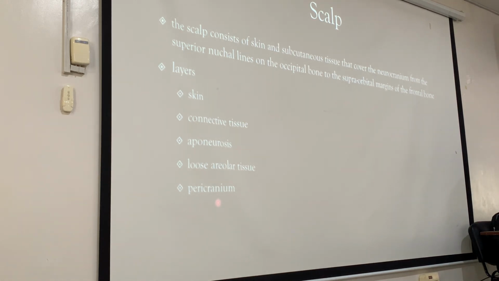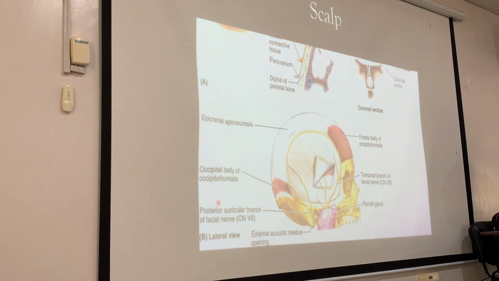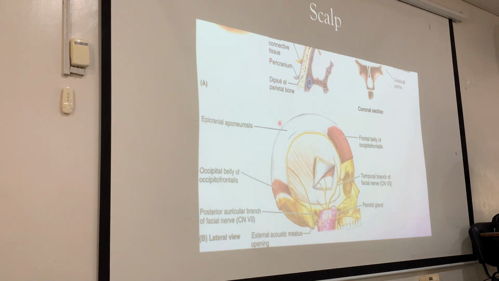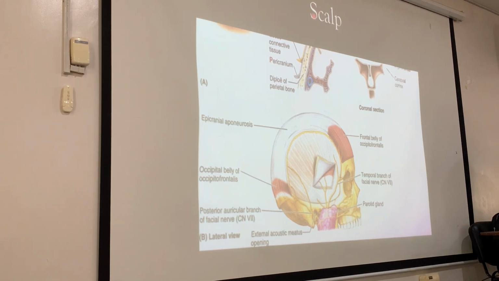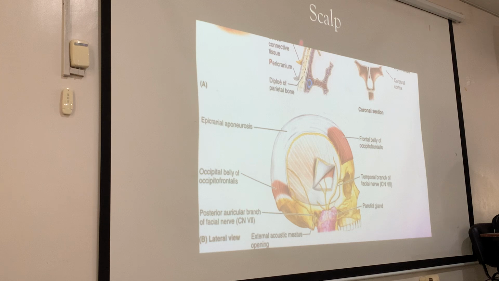So easy to memorize. Layers of the scalp. So it should show skin, connective tissue, aponeurosis, and then loose connective tissue and pericranium. So that's the scalp.